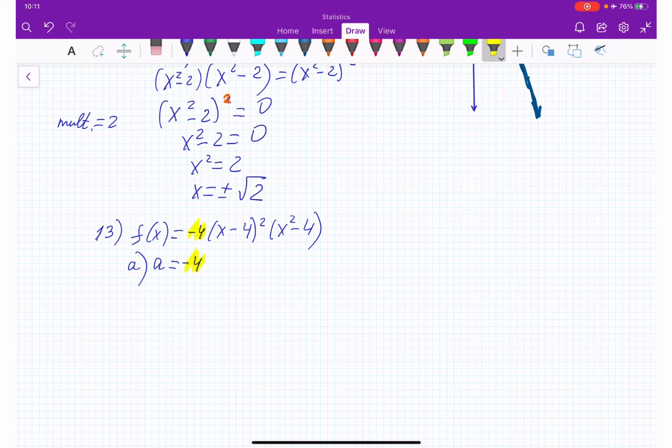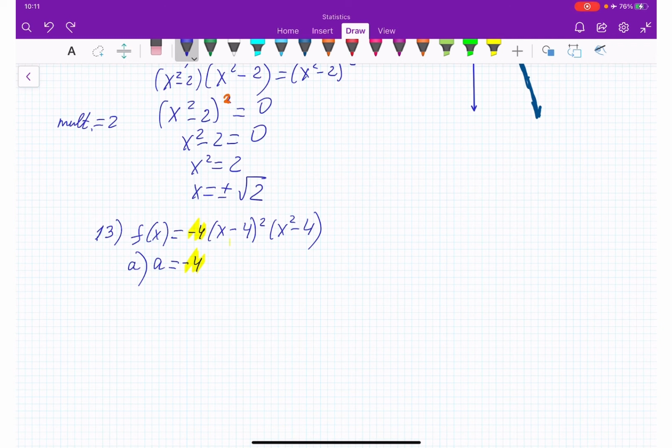Why? Because this first x is going to be the highest degree. If x squared, raise x to power 2 here, and then multiply by x to power 2, it's going to be x to 4. So this first coefficient in front of parentheses is going to be leading coefficient a.